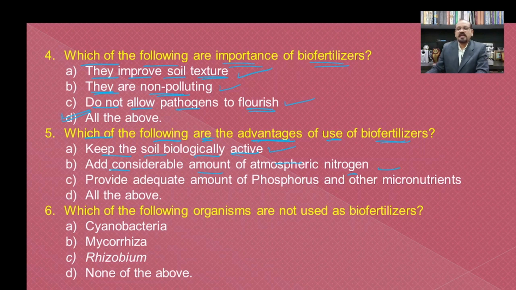Again, many biofertilizers are involved in absorption of the atmospheric nitrogen, that is the different microbes, bacteria and the cyanobacteria, and hence there is increase in the amount of the nitrogen. Then provide the adequate amount of phosphorus and other micronutrients, and this is also the correct, as we have seen earlier that the phosphate solubilizing bacteria as well as the phosphate mobilizing bacteria are there, which are responsible to increase the phosphate in the soil, and hence D will be the correct answer for this question.